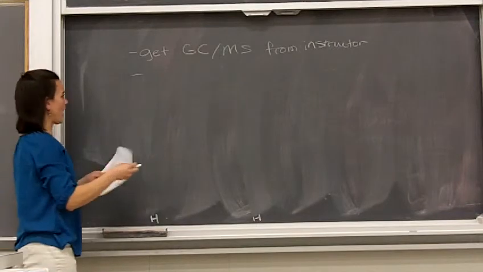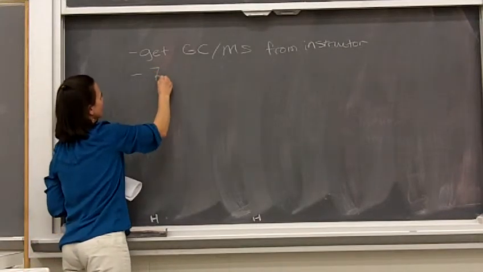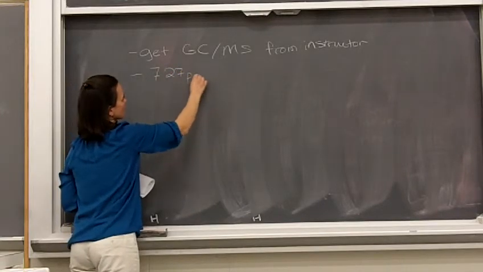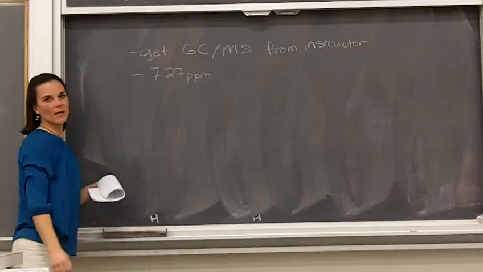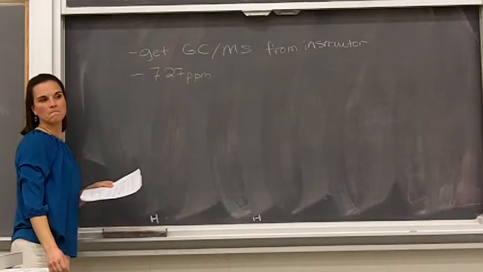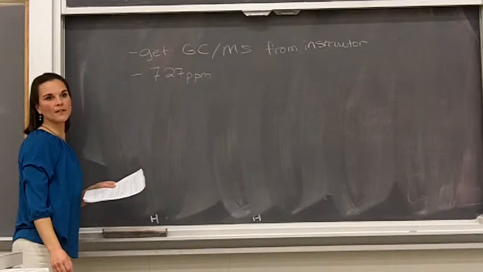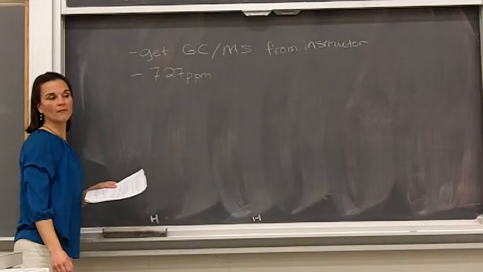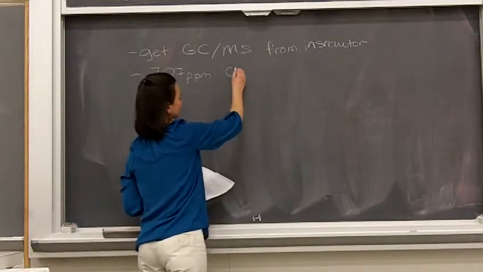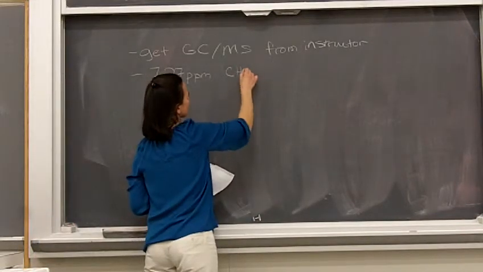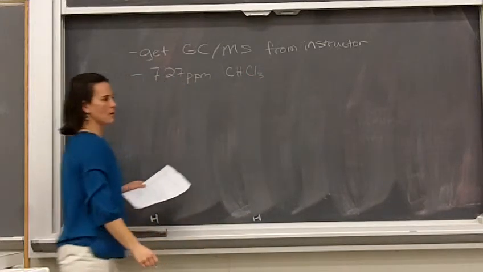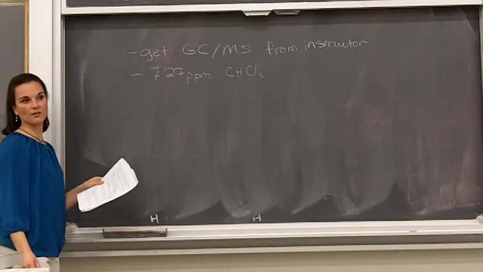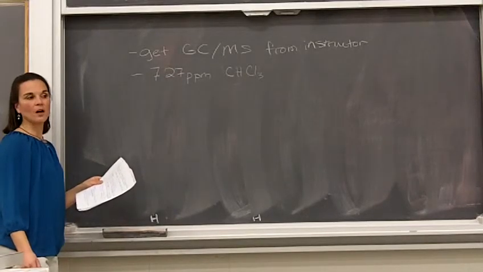One thing to keep in mind is that everybody's going to have a peak at 7.26, 7.27 parts per million. What is that peak? That's the chloroform, but which form of it? It's the CHCl3. In the CDCl3, there's a little bit of CHCl3, and that's going to show up at about 7.27, 7.26 parts per million. So keep that in mind in the spectrum you're analyzing.